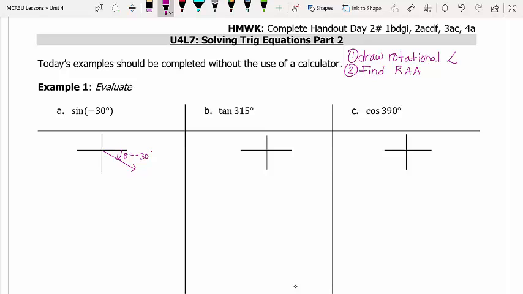Okay, so we know in this case our related acute angle is going to be the positive version of our principal angle. So our related acute angle here is going to be equal to 30 degrees. Now we're going to use that related acute angle to find the numerical value of the ratio. Remember, our goal is to find the ratio.